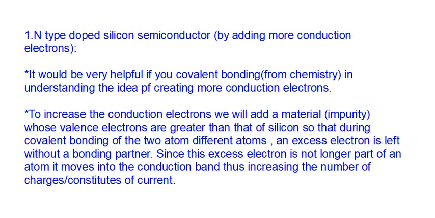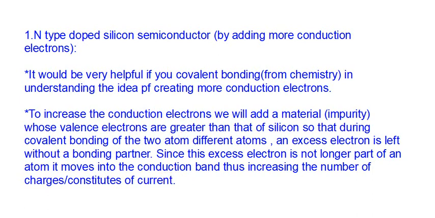We add an impurity whose valence electrons are greater than that of silicon, and usually this impurity material is a pentavalent atom, meaning that the valence electrons of its atoms are 5. Penta meaning 5.